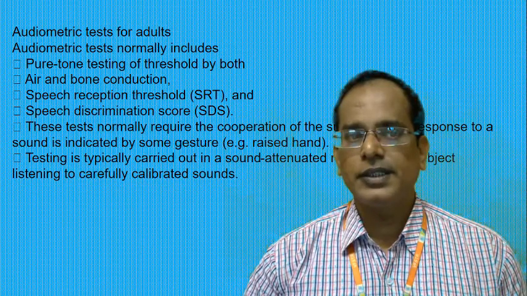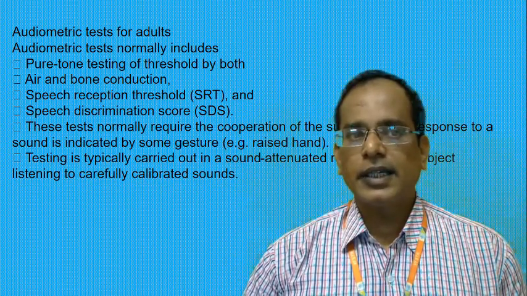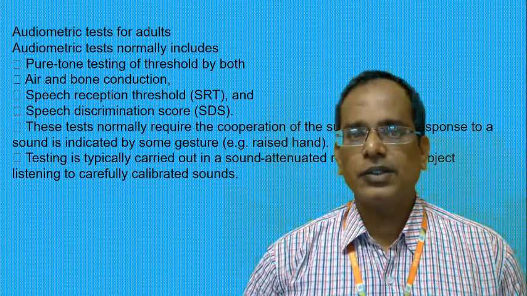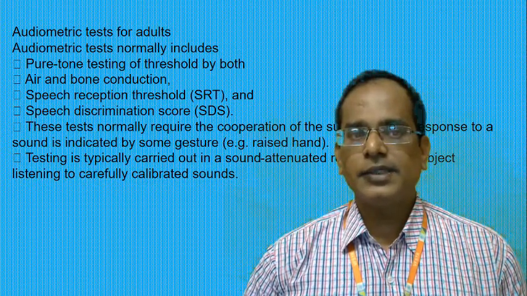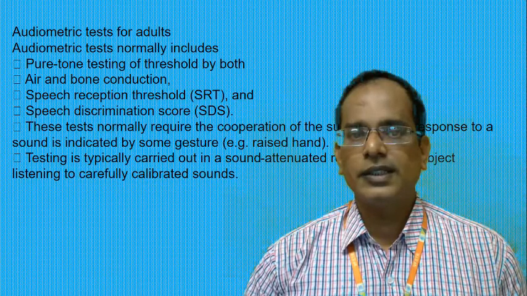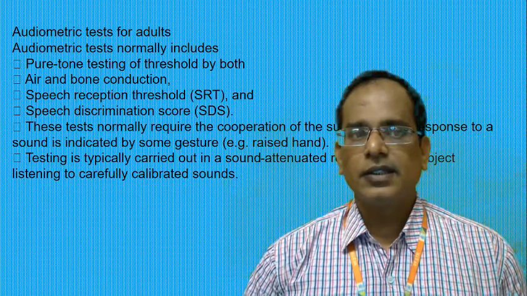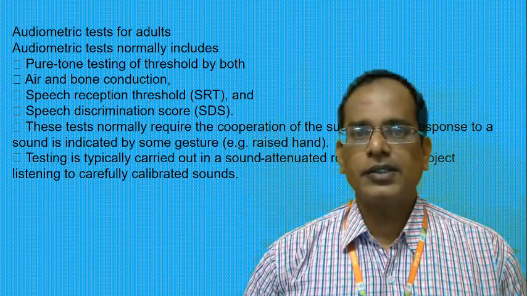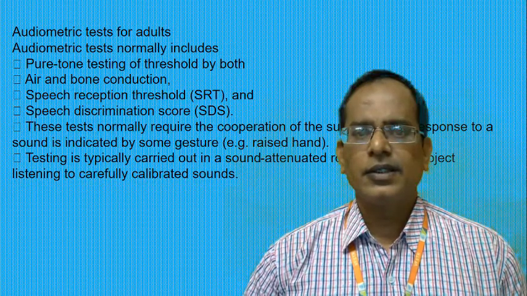Second, the speech reception threshold test, SRT. Third, the speech discrimination score, SDS. These tests normally require the cooperation of a subject whose response to a sound is indicated by some gesture.